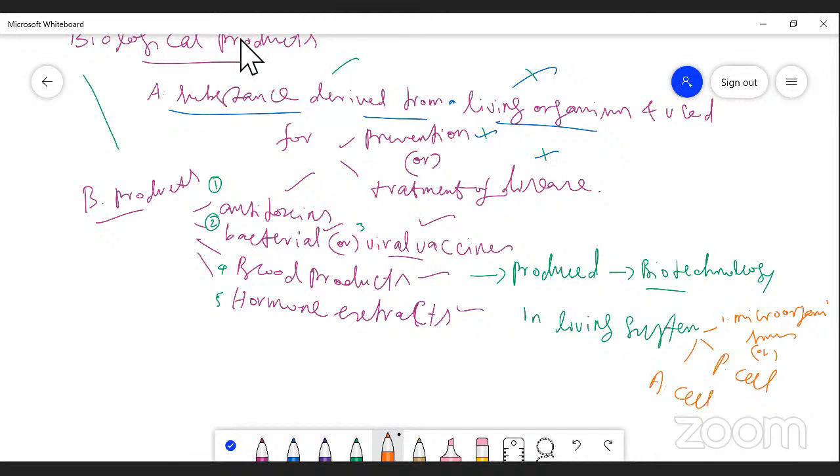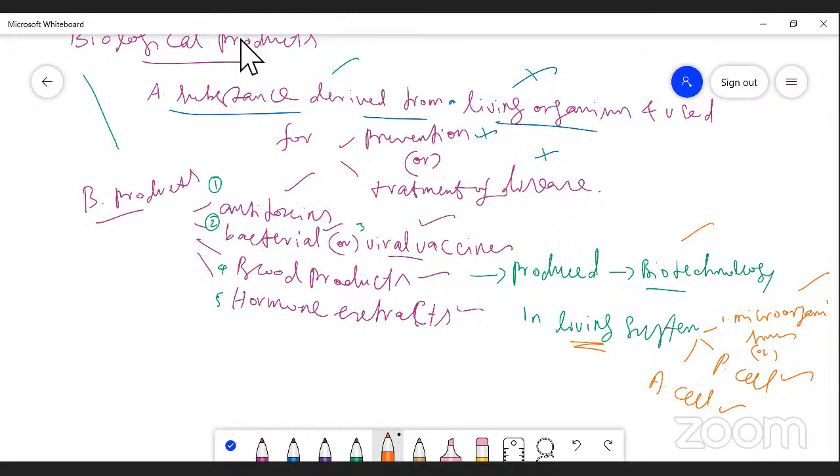The biological products are produced with the help of biotechnology in a living system, which may be a microorganism, a plant cell, or an animal cell.